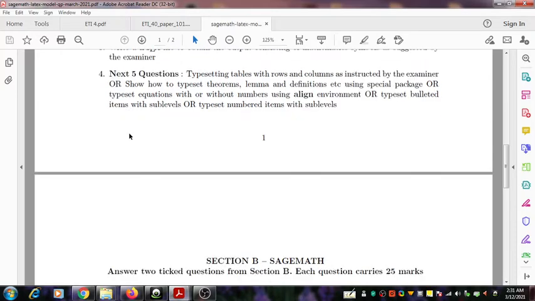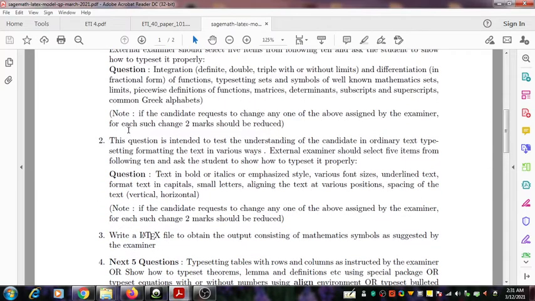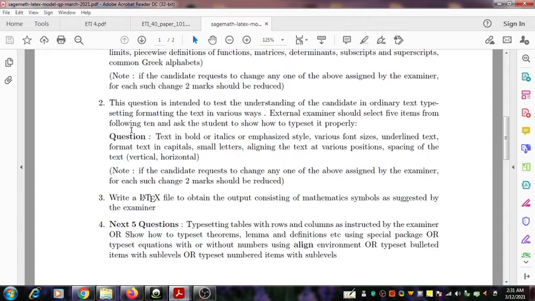These are the important topics from which questions can be expected.